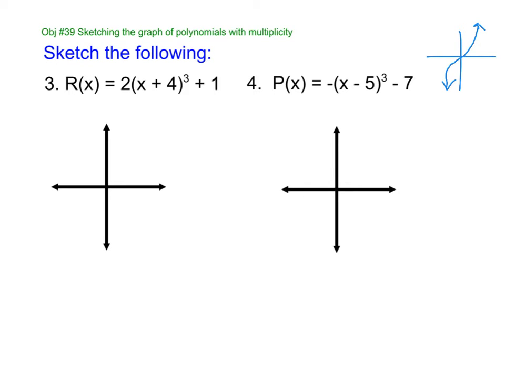So based on that, what would these look like? So we're shifting left 4, up 1, right? And then the 2 just expands it. So it's just like that. And then 5, -7. Right, so 5, -7. And it's negative in front, so it's going to go upside down.